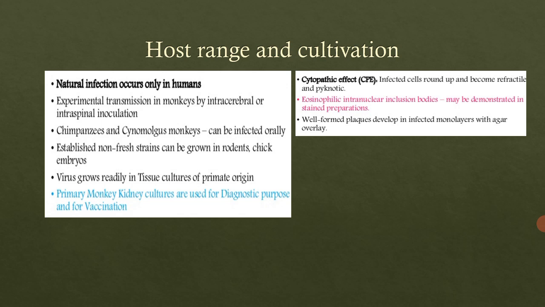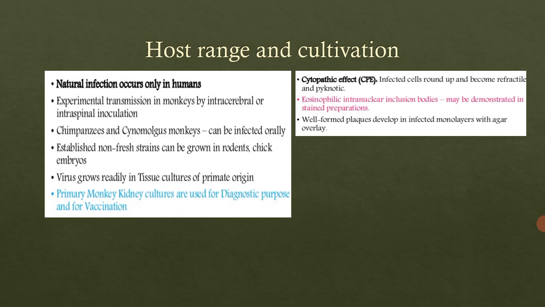For virus cultivation, the chick embryos can be used or the rodents can be used. Again, the virus can grow readily in tissue culture of primate origin. Primary monkey kidney cultures are used for diagnostic purposes and for vaccination.